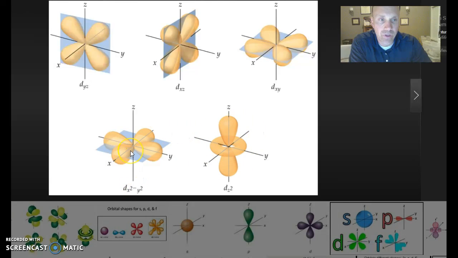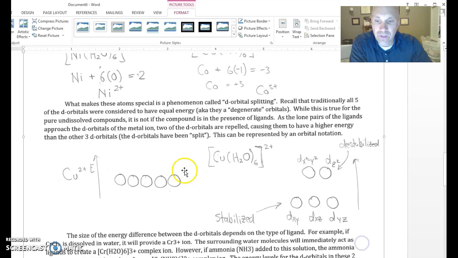The reason it changes the shape is that there's electrons in these orbitals, and those electrons get repelled by the electrons in the lone pair of the ligand that's trying to coordinate to it. So when the ligand tries to coordinate, it changes the shape slightly of these 2 orbitals, and that's going to end up changing the amount of energy of these 2 orbitals.